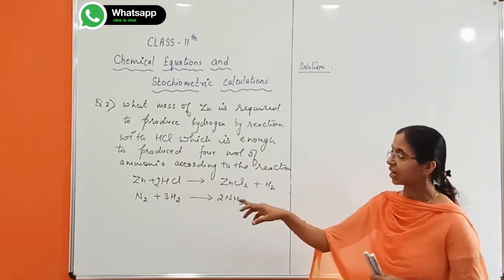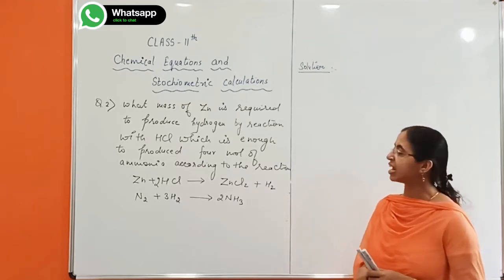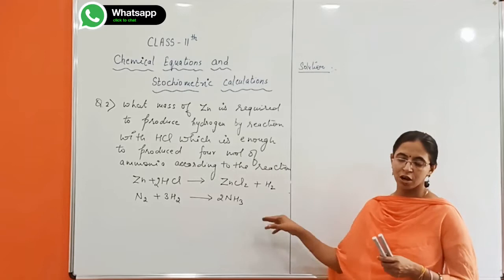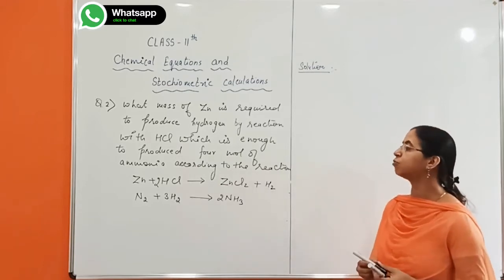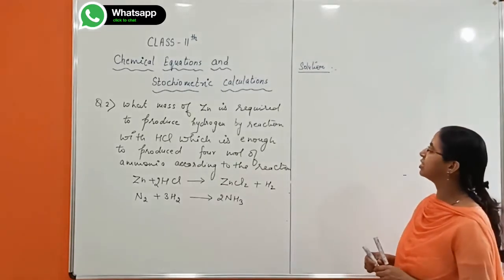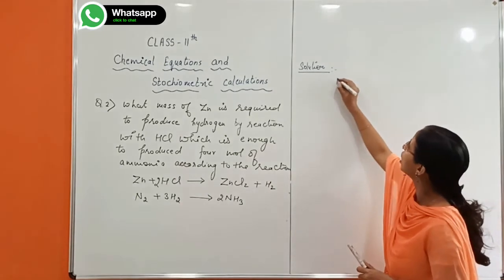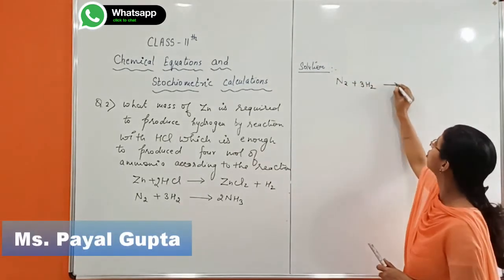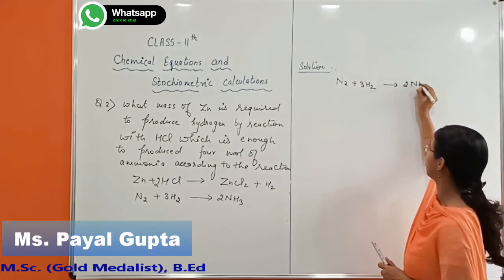And second reaction is that nitrogen is getting reacted with hydrogen to produce ammonia. Now from the second reaction, which is this one, N2 plus 3H2 is going to give you 2NH3.